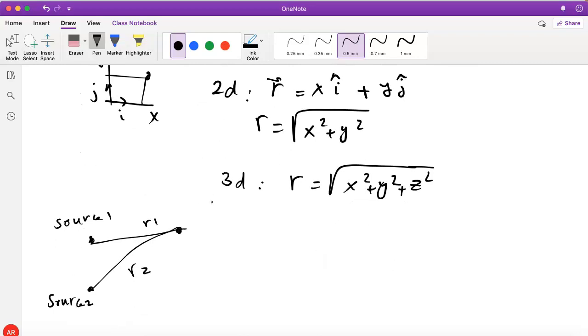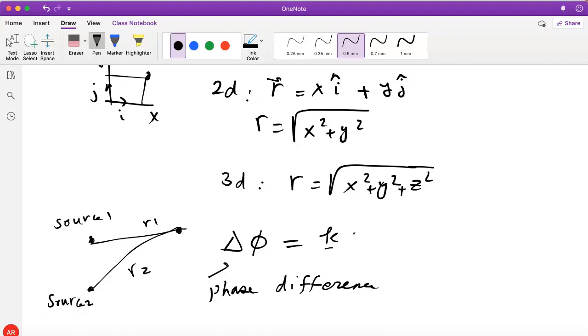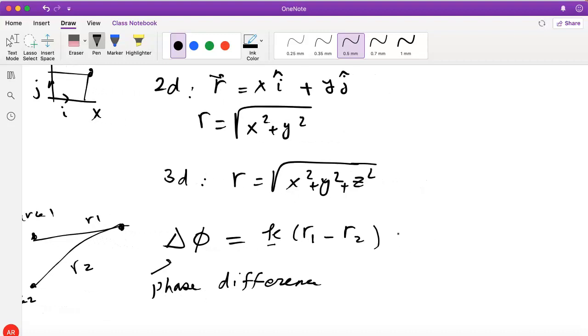So if you want to think about the change in the phase difference for the waves arriving at a given point from these two different sources, it's going to be k times, let's say, R1 minus R2 plus phi naught 1 minus phi naught 2.